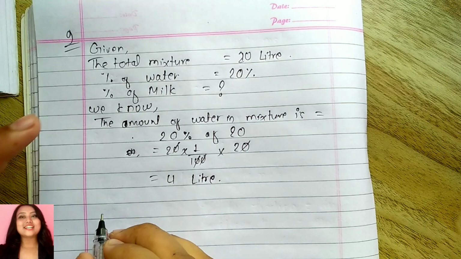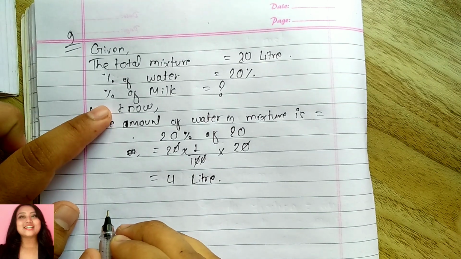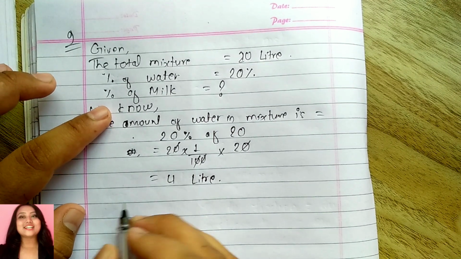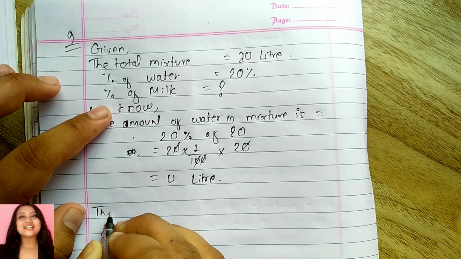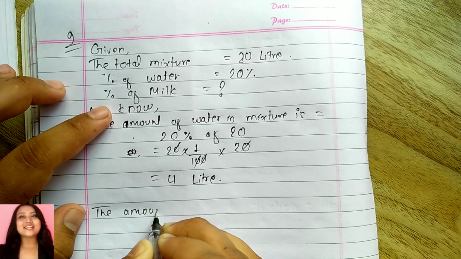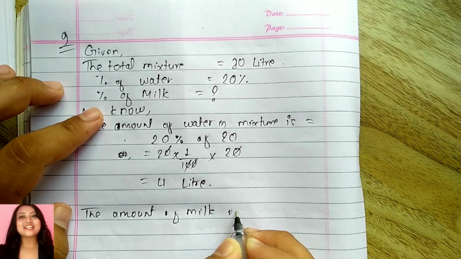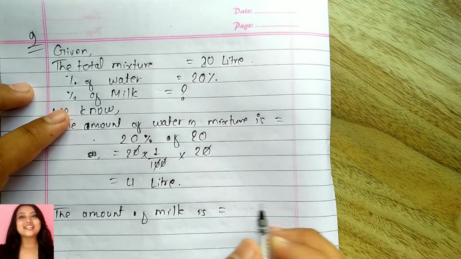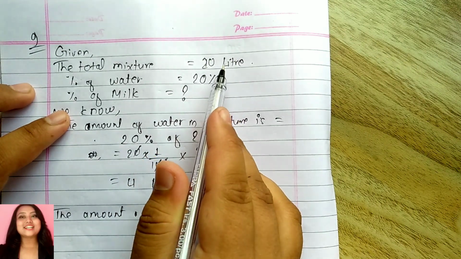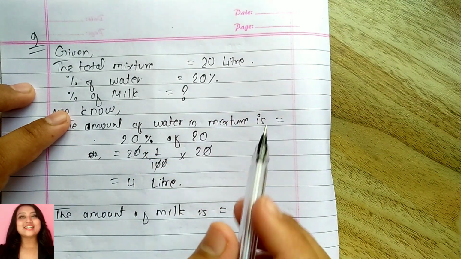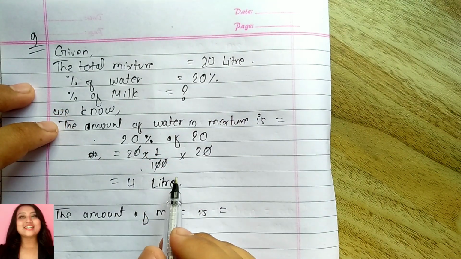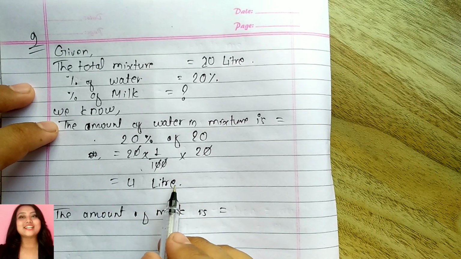Now the percentage of milk you need to find out. So for this, the amount of milk is, since the total mixture is 20, right? And the amount of water we found out was 4.